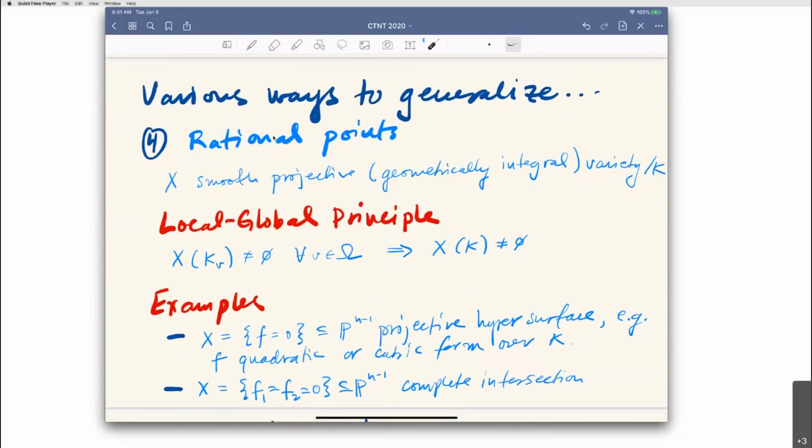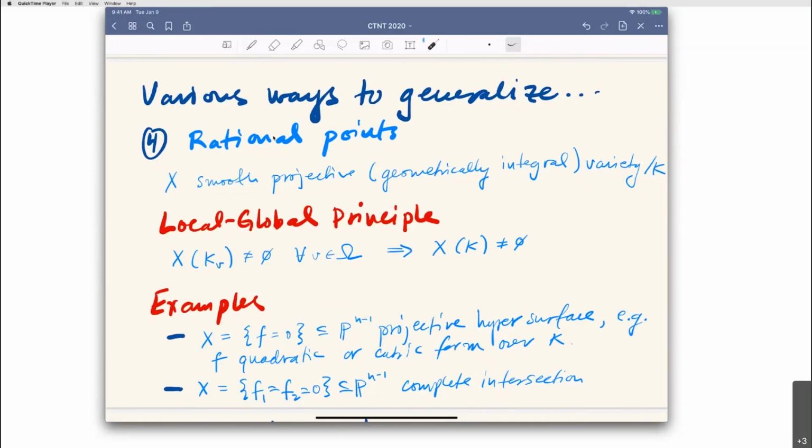For example, if you take the variety to just be the projective hypersurface defined by those homogeneous forms, then this local-global principle for rational points exactly translates into the local-global principle for isotropy that we discussed before.